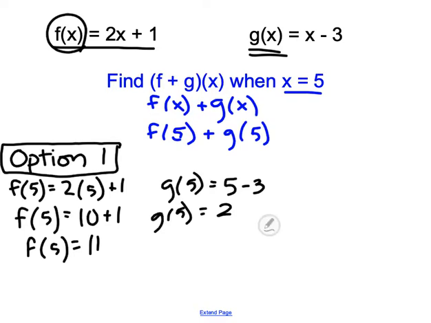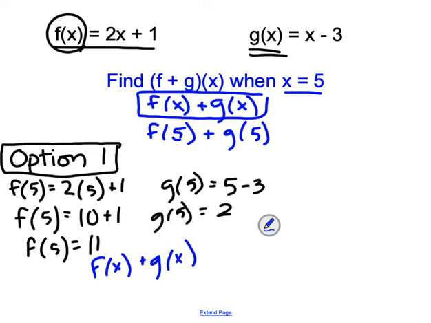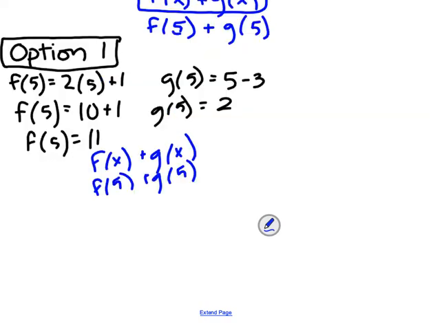So then to put everything together, since it was asking me for f of x plus g of x, or basically f of 5 plus g of 5, well, f of 5 we found to be 11, g of 5 we found to be 2, so our answer is 13.